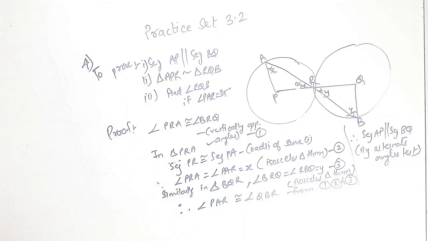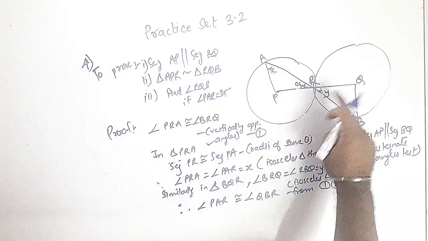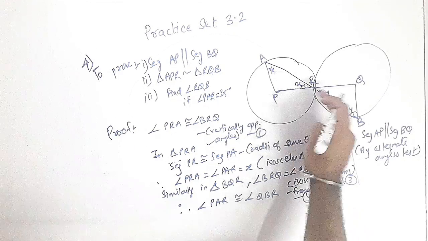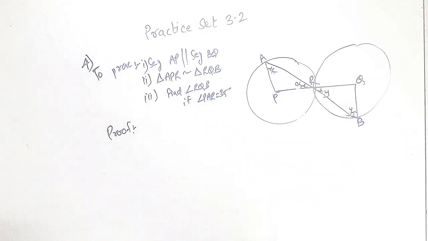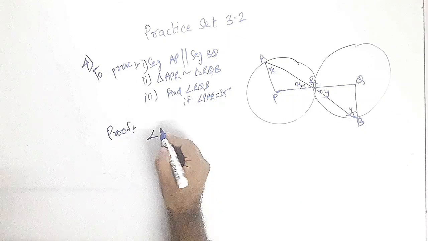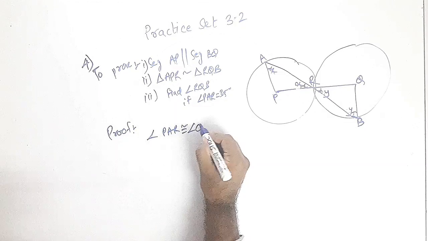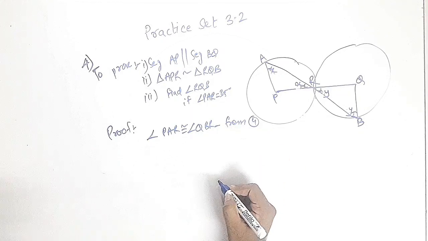Fine. Now we'll come to the second one, triangle APR, we have to prove similar to triangle RQB. Very very easy. You can write point number 4 again, and one vertically opposite angle you can write again. So by AA test you will easily get it. We'll write them in words. Angle PAR is congruent to angle QBR. This we proved before. I am writing it from 4.